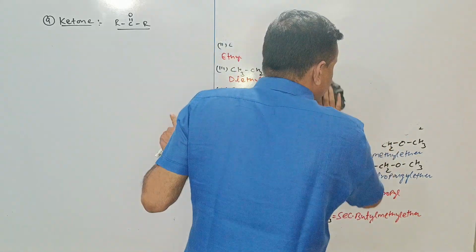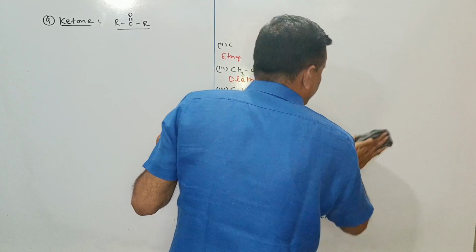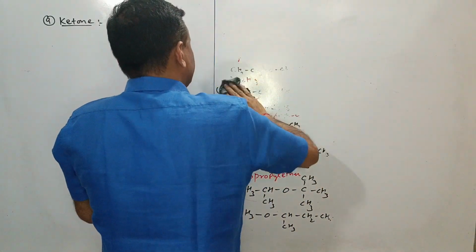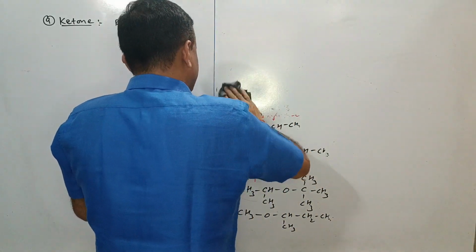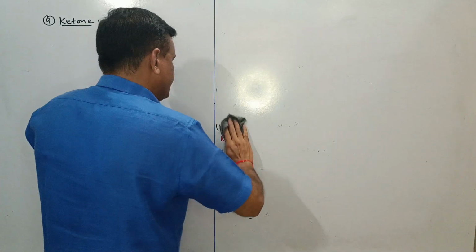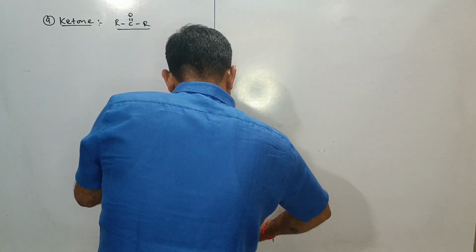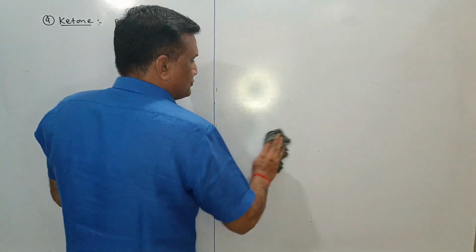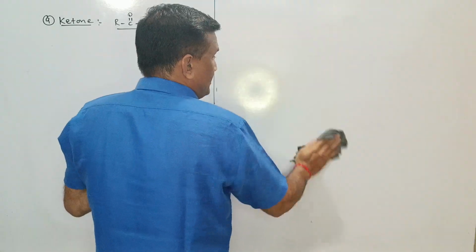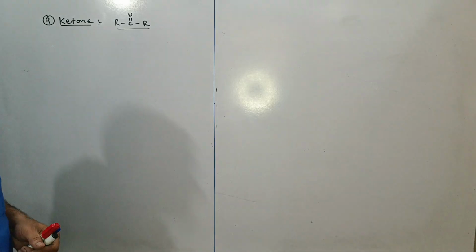And among all the ketones, acetone is basically used as nail polish remover, and it is also a polar solvent, similar to ether. It shows polarity like ether and will be used as a polar solvent. And it is a too important compound as a ketone.